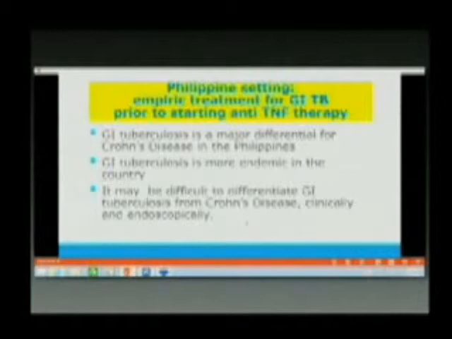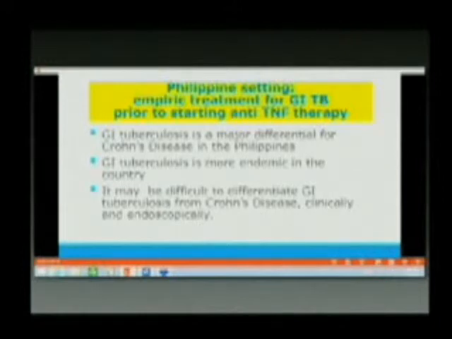Even given these things, clinically it would still be difficult to differentiate your GI tuberculosis from your Crohn's disease, with empiric treatment of your GI tuberculosis.